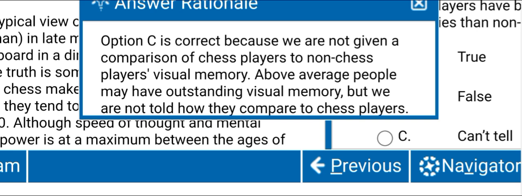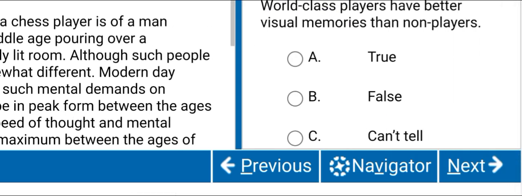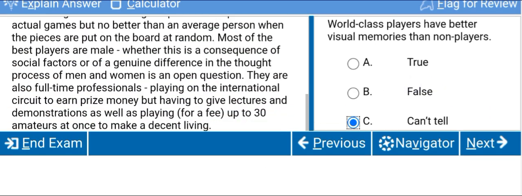Above average people may have outstanding visual memory, but we are not told how they compare to chess players. So we have option C, which is can't tell, as the correct option.